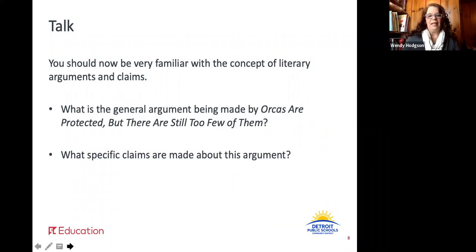And then I'd like you to turn and talk, maybe with a family member or a caregiver, and you're going to be familiar now with the concept of a literary argument and claims. So the question that I'd like you to talk about is, what is the general argument being made by "Orcas are protected, but there are still too few of them"?